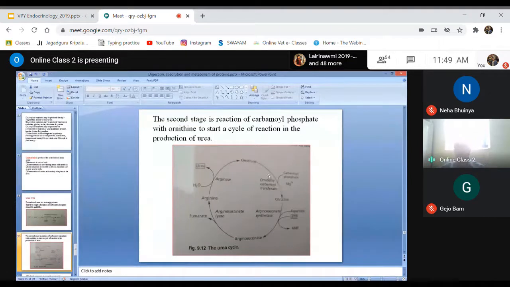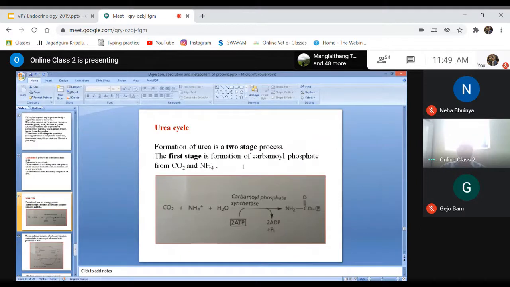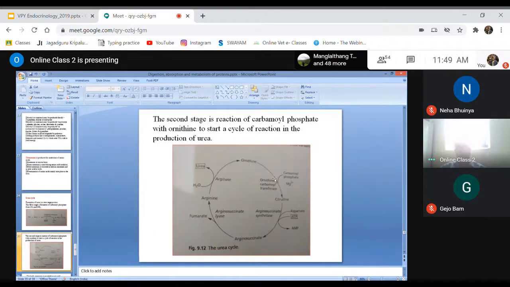But here there will be involvement of various enzymes, and you try to remember these two stages of the urea cycle. The first stage is formation of carbamoyl phosphate, and then the second stage is reaction.